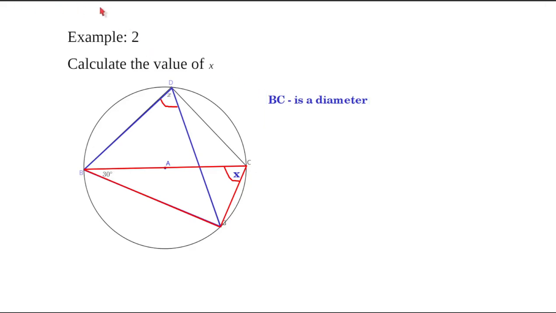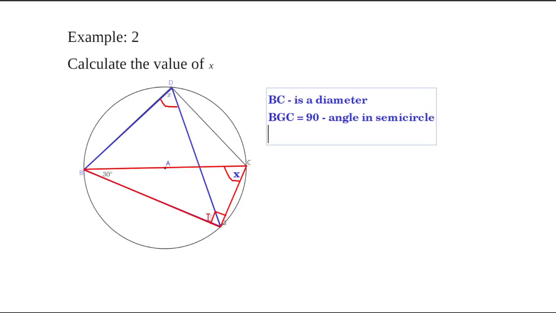This angle there, it must be 90 degrees. We've already established that using angles in a semicircle. So what do we say here? Angle BGC is equal to 90 degrees. The reason: angle in semicircle.